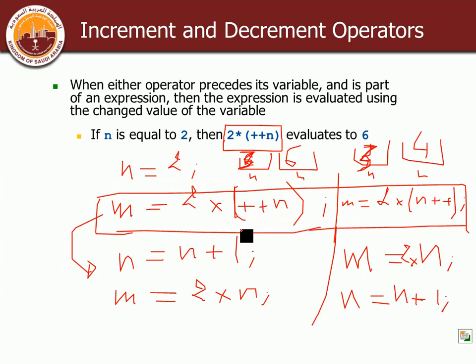You're not going to be using this every day. Just know that in case you see it, you understand it. To remember it: if the plus plus is before the variable, we start with the incrementation. If the plus plus is after, we end with the incrementation.